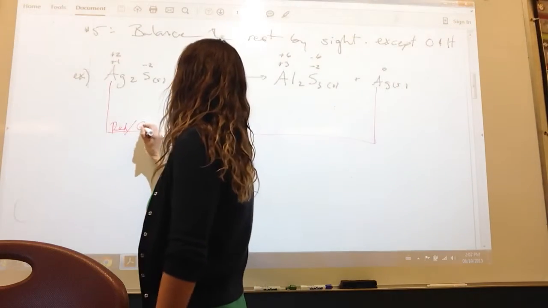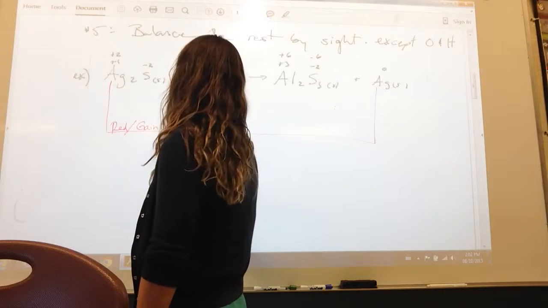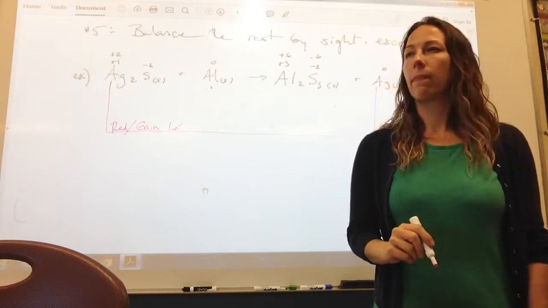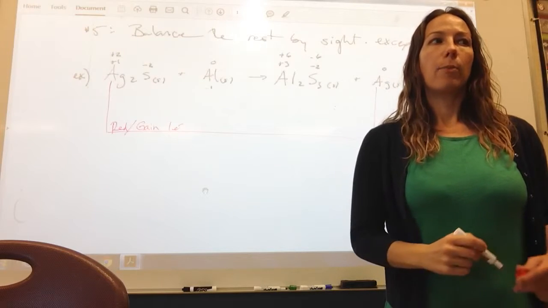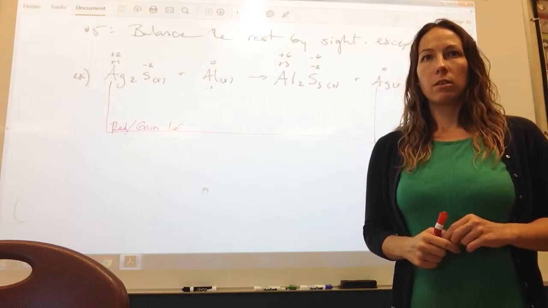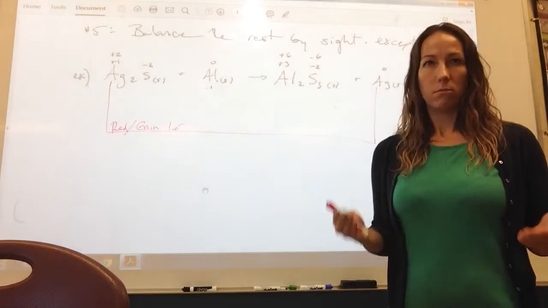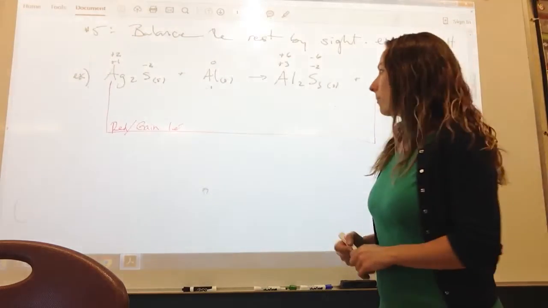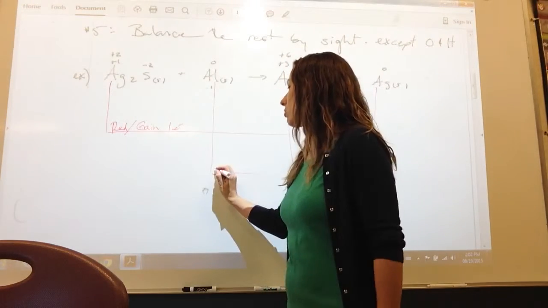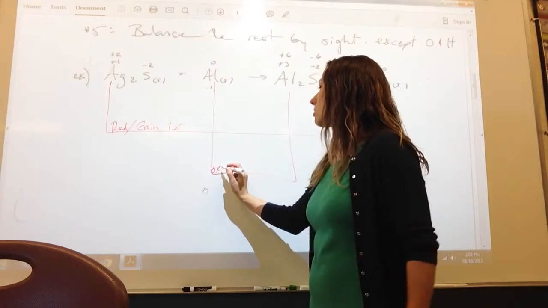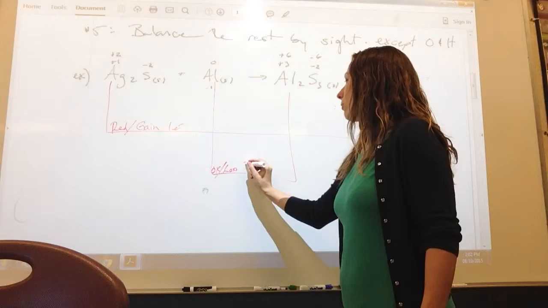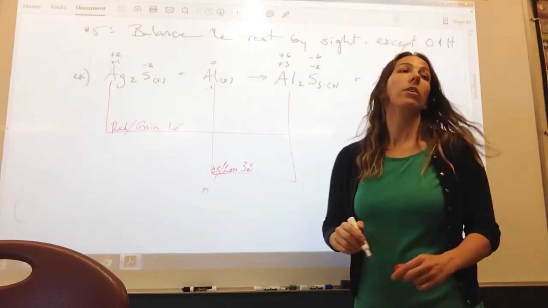So it must have gained 1 electron because it went from 1 to 0. Everybody happy with that line? It's the same thing as the worksheet we just finished. The aluminum is the next thing that changes. The aluminum goes from 0 to +3. The number goes up, so it's oxidized. That means loss of 3 electrons.